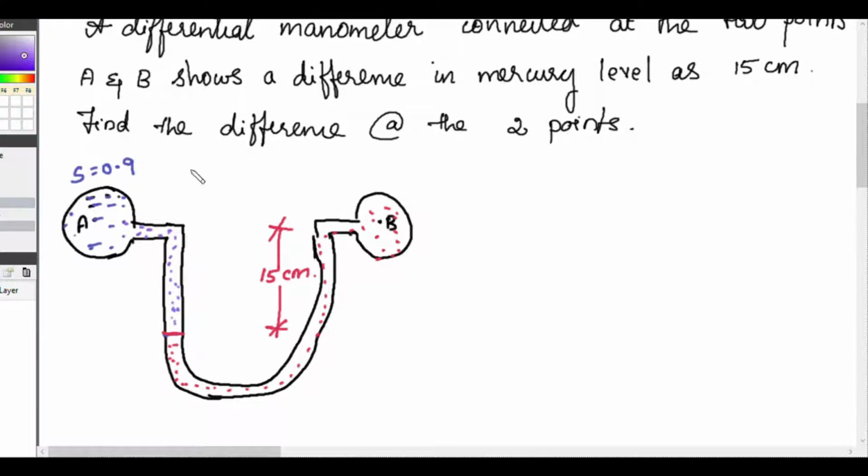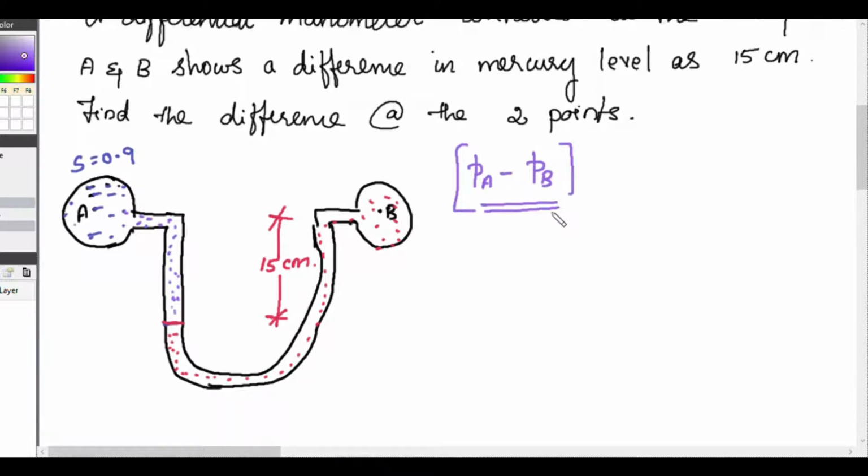We are asked to find the difference at 2 points. That means we need to find PA minus PB, that is the difference in pressure between 2 points. So first of all, this is mercury, right? So specific gravity of mercury is 13.6.